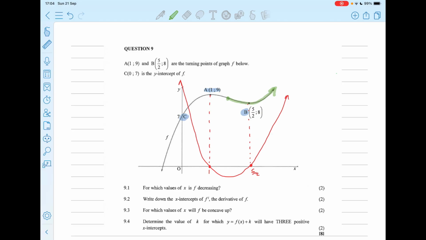So we need to determine what that point of inflection is right over there. And the nice thing about the point of inflection is that it's exactly halfway between our turning points. So to get the x value there, we just need to take an average of the x values of the turning points.